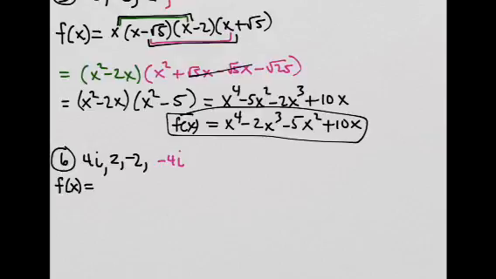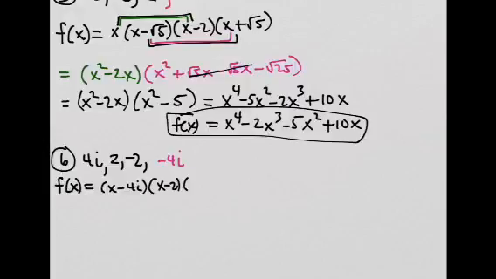Alright, so for number 6, I had to add the negative 4i. Okay, the numbers in black were the ones that you got in the book. And the pink one is the one that I had to add in, or you guys have to add in, because again, these have to be together as conjugate pairs. So the factor for 4i would be x minus 4i. The factor for 2 would be x minus 2.